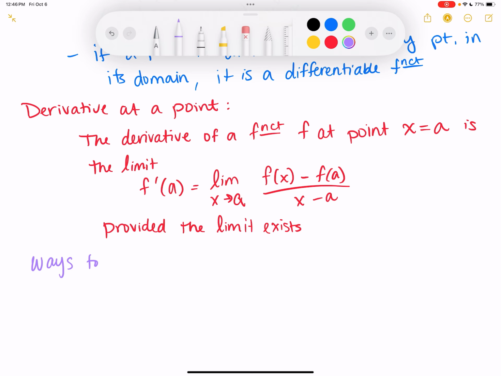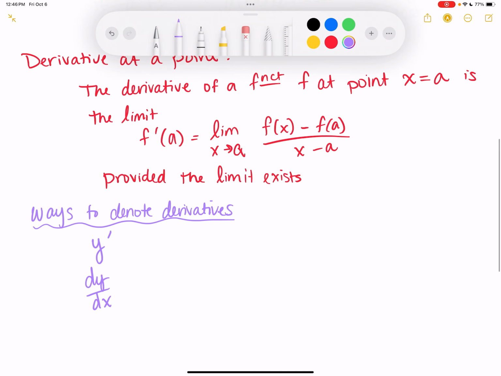Ways to denote derivatives. There's going to be 4 primary ones. We can do y prime, and that would be the same as the f prime of x or whatever. We can do dy dx, and that's the way I would say it.